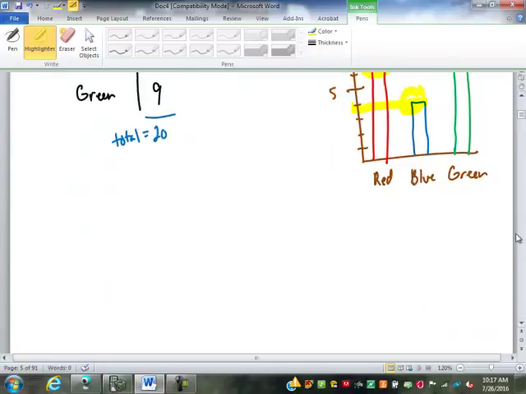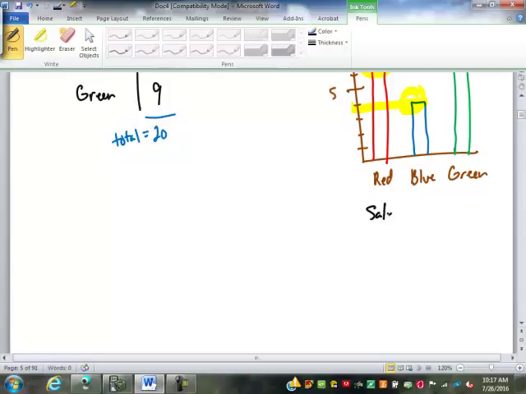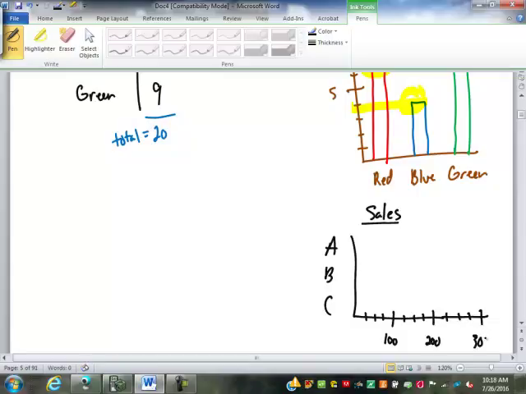If I wanted to do sales for large corporations, and I'm just going to go corporation A, B, and C, and I'm going to put this one sideways just to show you what a horizontal graph looks like. But let's say this is in hundreds of millions of dollars.